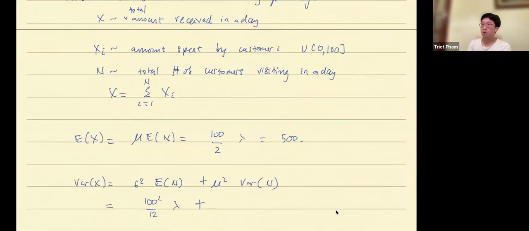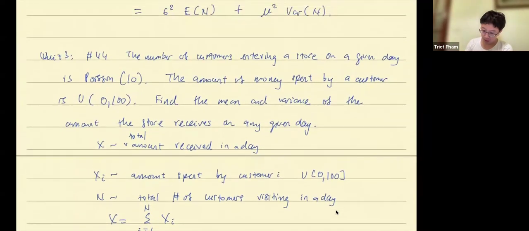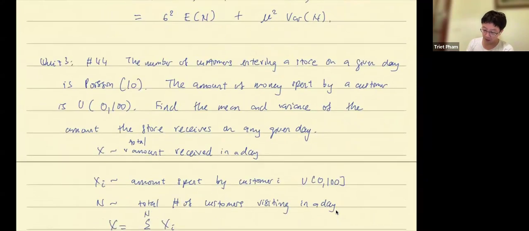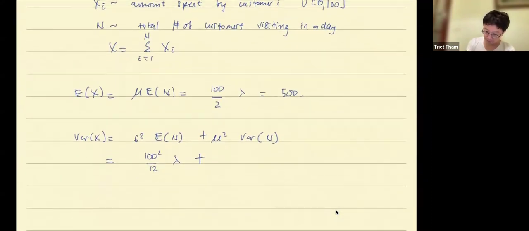Mu squared is just whatever that is here, and then times the variance of N, which is also lambda. And again, whatever that is.